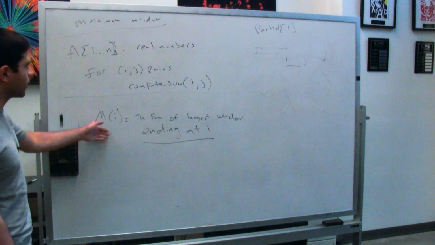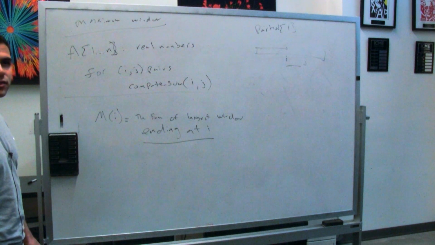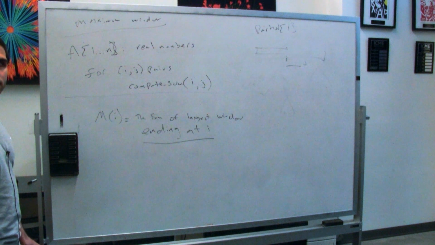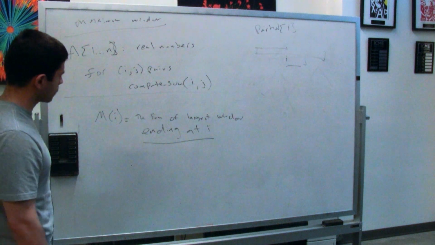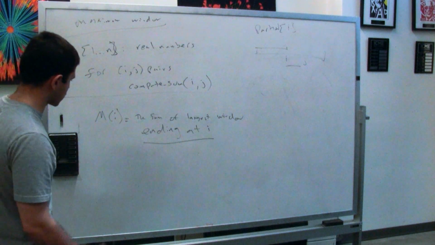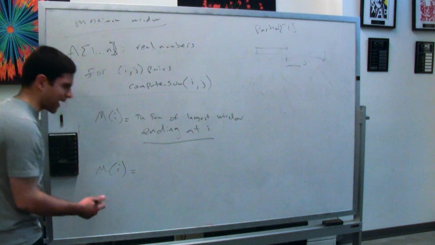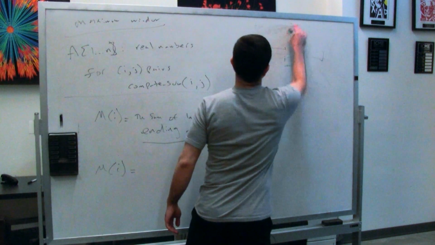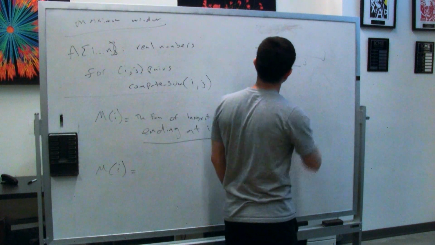Okay? So now how do I do M of i fast? How is it that M of i can have a really easy recursive definition that lends itself to dynamic programming? The way we're going to compute M of i is going to be recursive. What could possibly happen to a window that ends at i? So forget partials now.